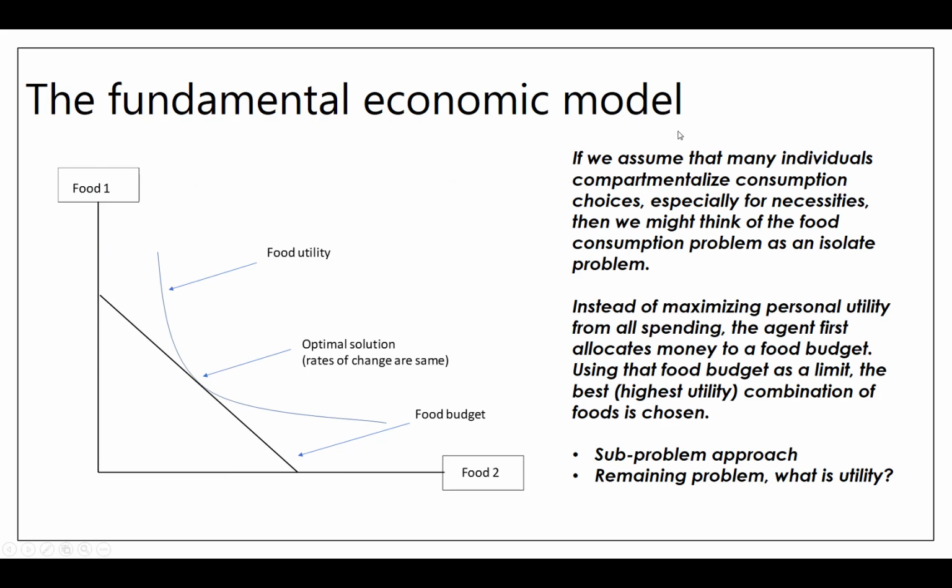So the fundamental economic model for consumption is always utility. Okay, so we did this problem looking at whether you're better off as a low-income consumer who qualifies for a SNAP benefit, Supplemental Nutrition Assistance Program, or an income increase.